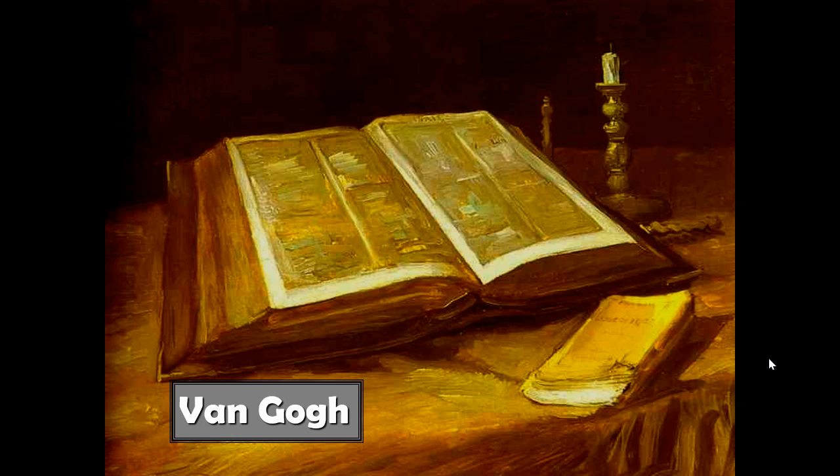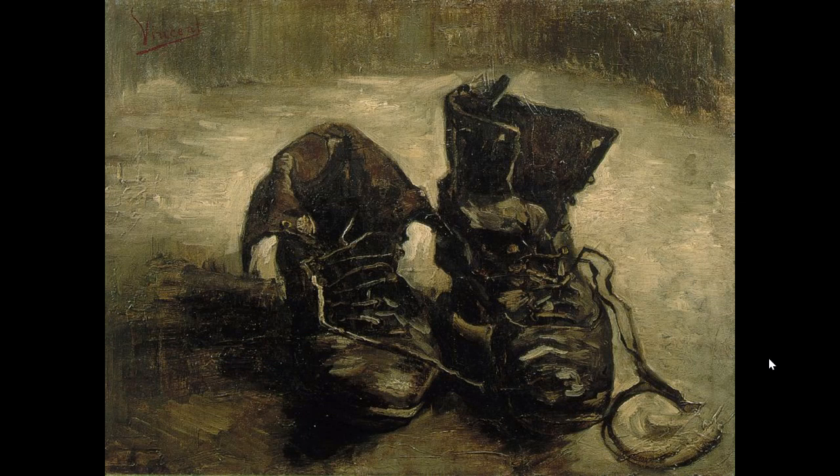But the color palette would completely throw you off, with browns and acid greens and dark tones, because that's not what we know of Van Gogh after he moves to Arles. But when he goes to Paris to study alongside all the other avant-garde painters of the late 19th century, he really wants to persist with this idea or notion that things that have been used have a story. And that's his shoes that he walked and tramped all over the city of Paris with.